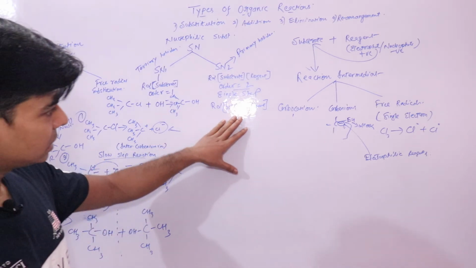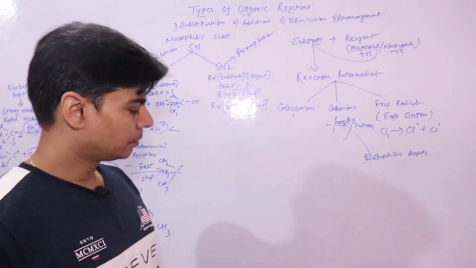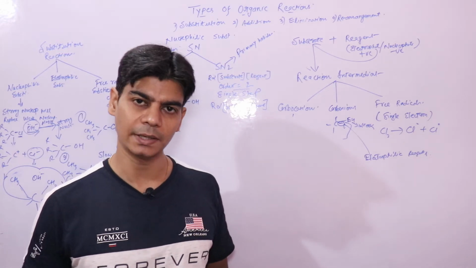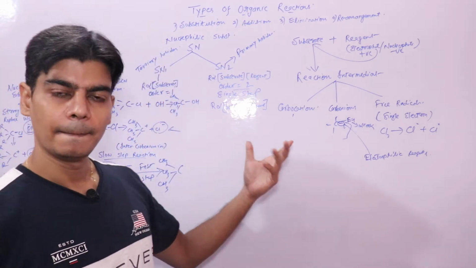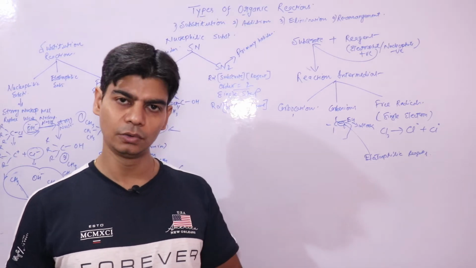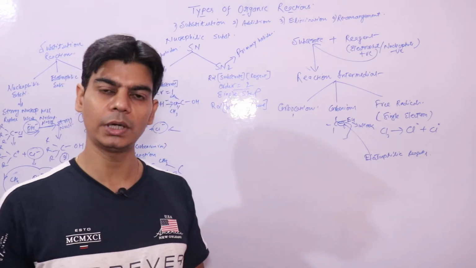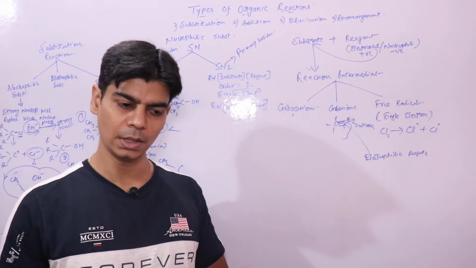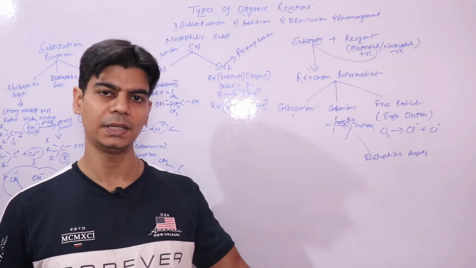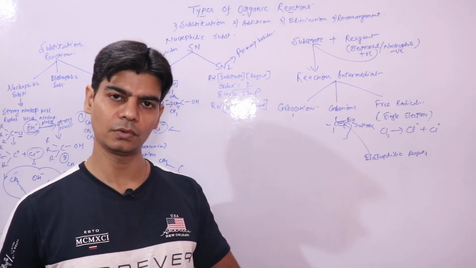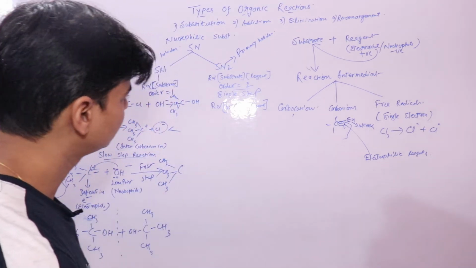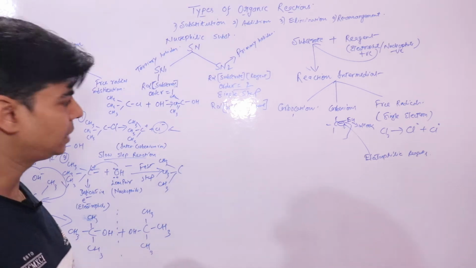This is a single step reaction where you have a transition state. In that transition state, the leaving group, the weak nucleophile, and the attacking nucleophile, which is a reagent, would be bonded to the same carbon atom. Now the transition state is short-lived. The weak nucleophile would be replaced by the strong nucleophile. So we'll be looking into its stereochemistry also.